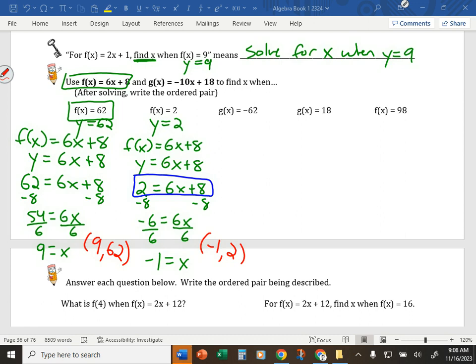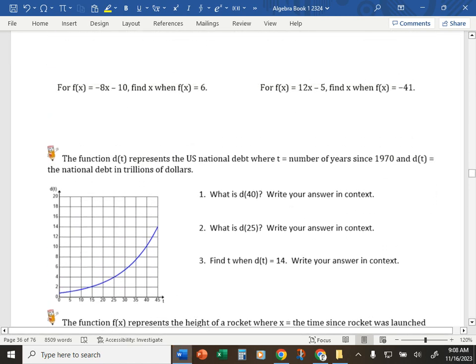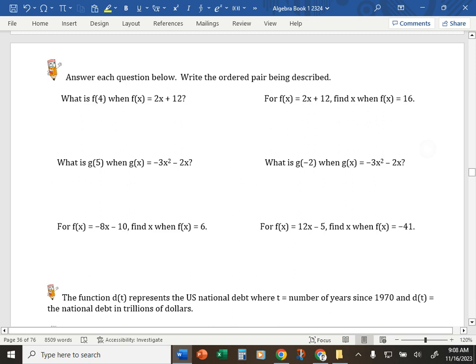Okay. Your homework for Monday is to finish this section. The other 3, well, not all of them, but pay attention. Are you using g of x? Are you using f of x? And then on the second page, you do not need to do the graphs, only the first section.